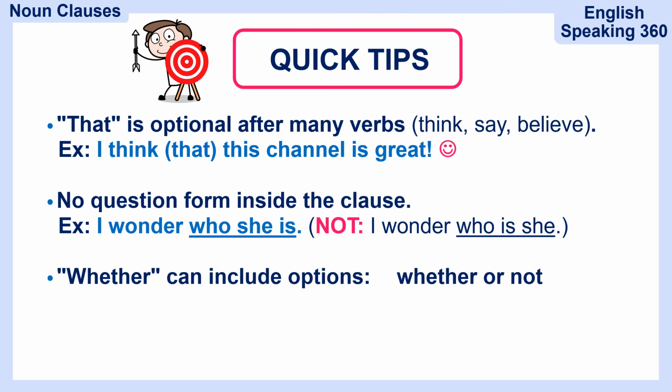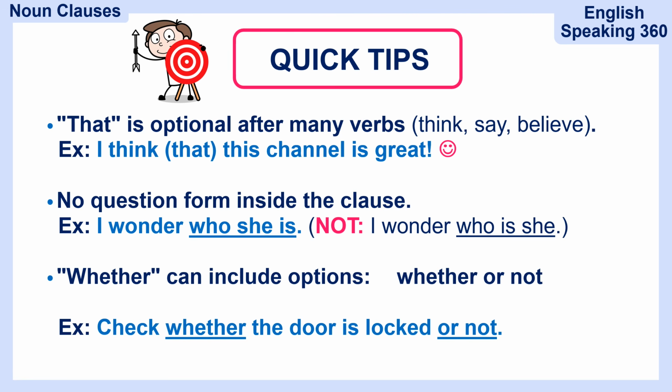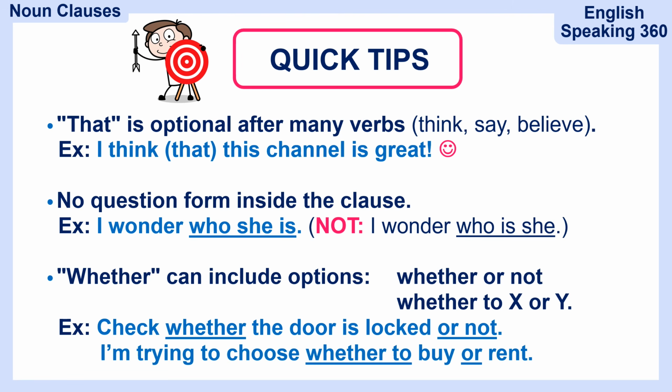Whether can include options, whether or not. Check whether the door is locked or not, but you can also remove or not. Check whether the door is locked. Here's another case, whether to X or Y. I'm trying to choose whether to buy or rent. Whether to buy, X, or another option, Y, rent.